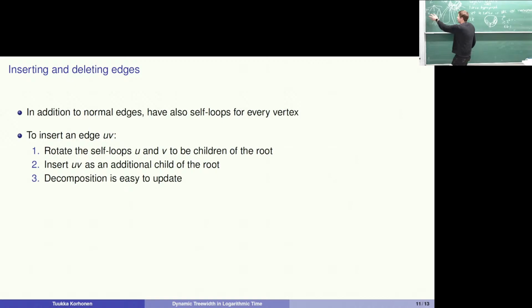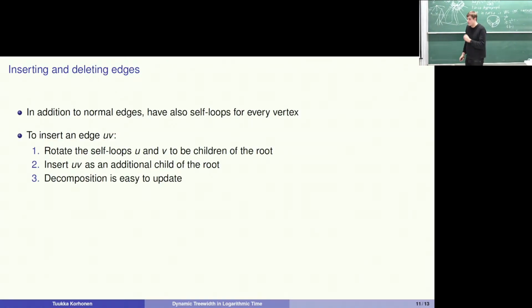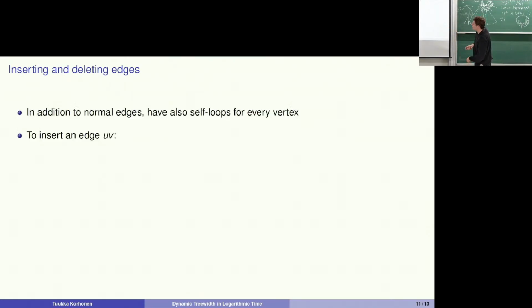But if you have this starting point where U and V are in the same place already, then it doesn't affect the boundaries anywhere, so you can update the decomposition really easily. Basically, the only difficult thing in the insertion is this sequence of local rotations to make these things children of the root.